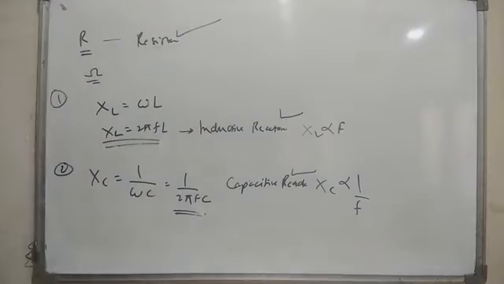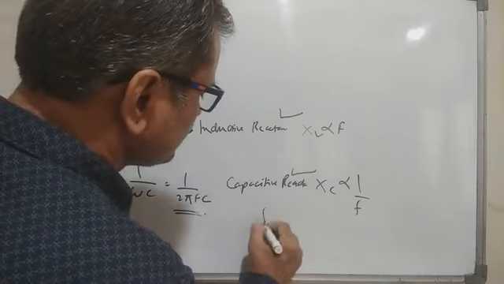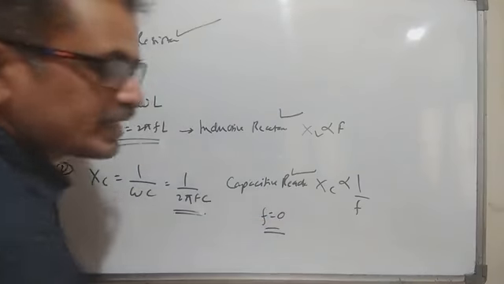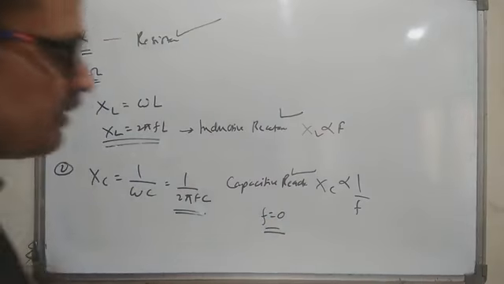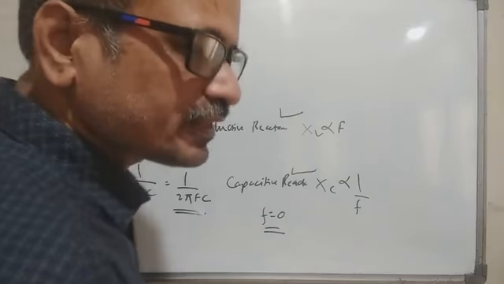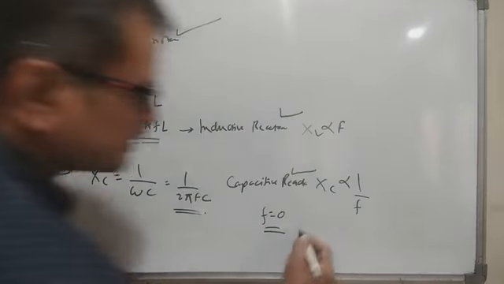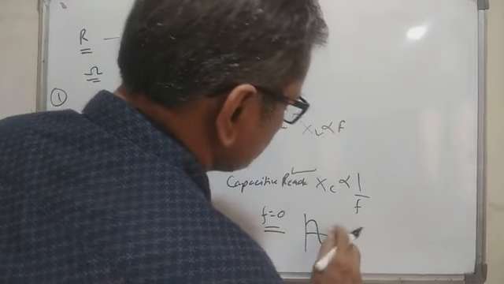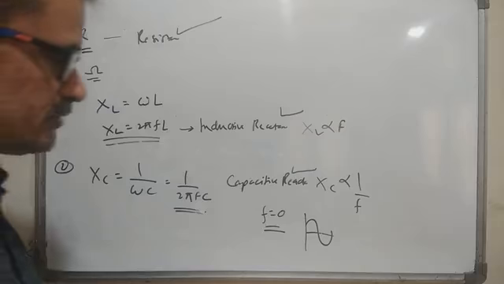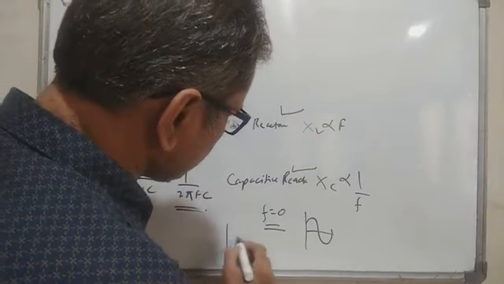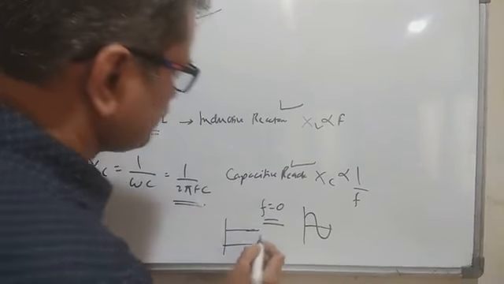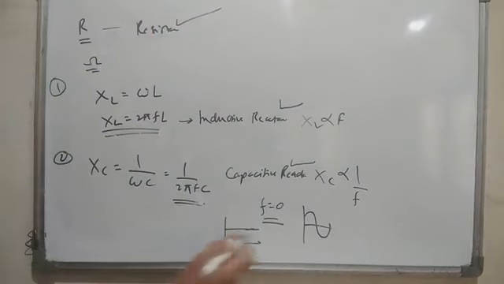In case of DC, frequency equals 0, because frequency comes into the picture only when there is an alternating voltage. You don't see any frequency for the direct supply. So for direct current or voltage, f is equal to 0.